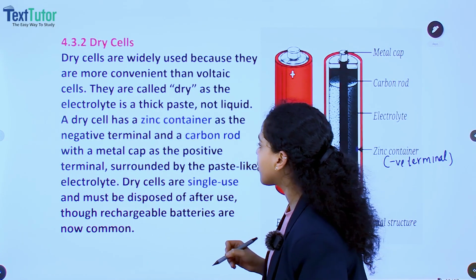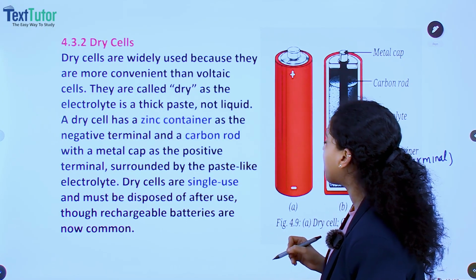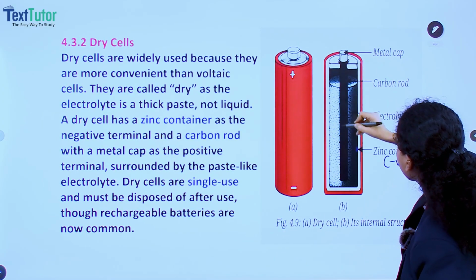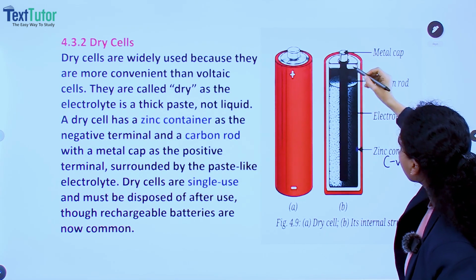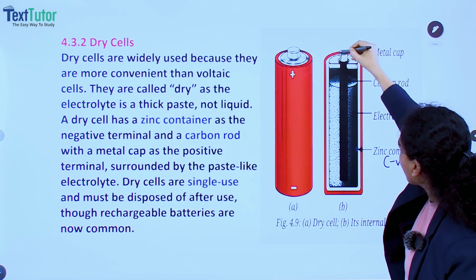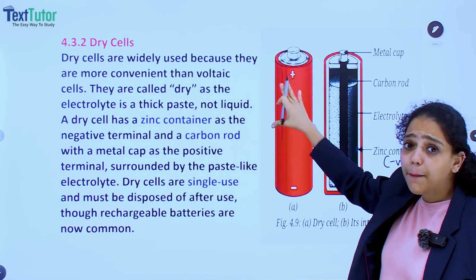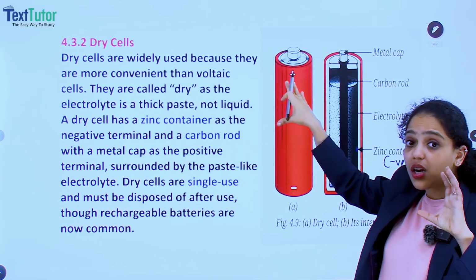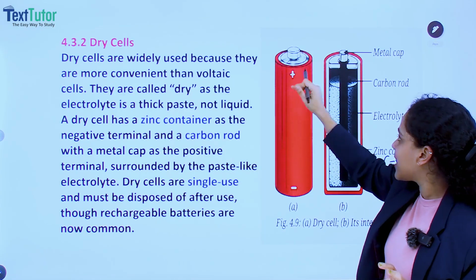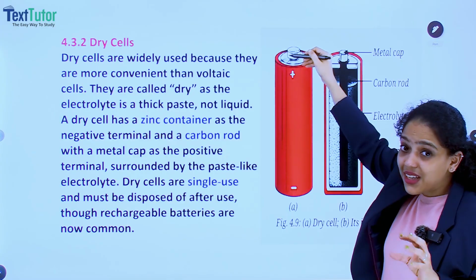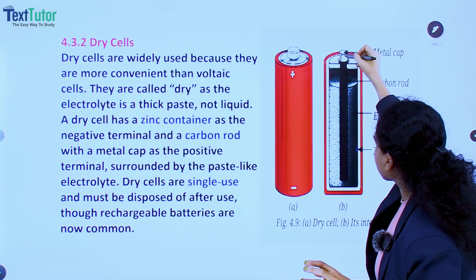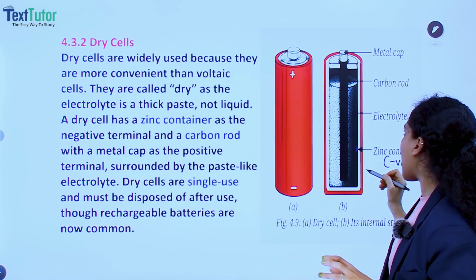And the carbon rod with a metal cap is the positive terminal. You can see here a black colored carbon rod. This is the carbon rod and it has a metal cap. You can see the batteries in your house that we use in the remote. You can see a small projection of metal, the metallic cap seen on the carbon rod.